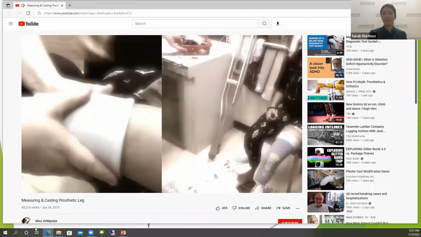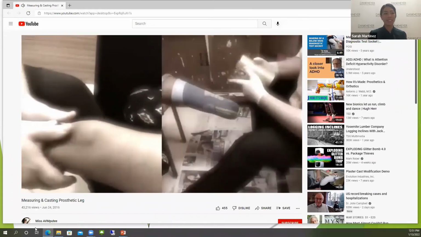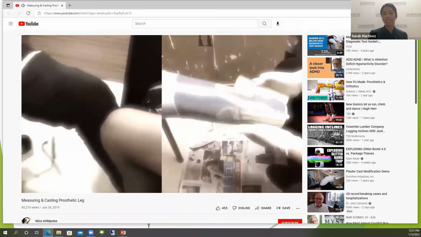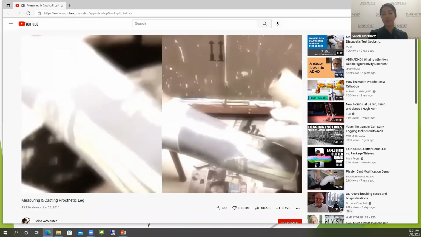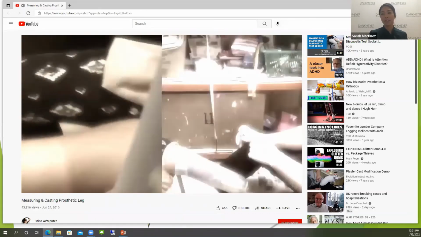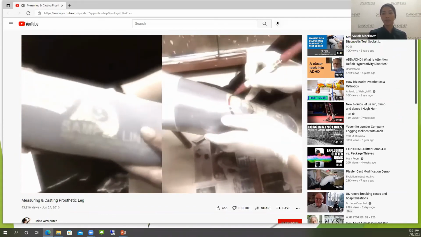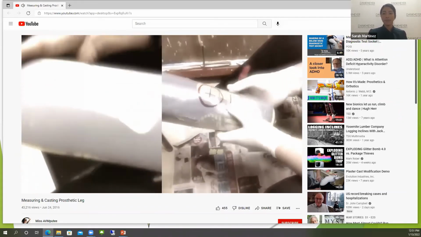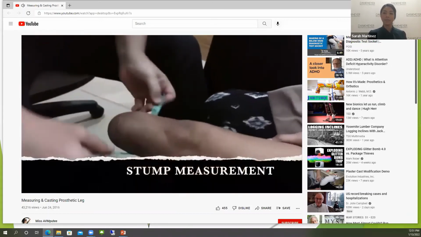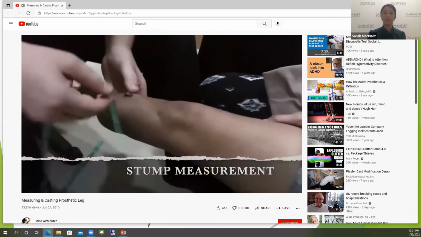Hello! This week I'm going to share with you my experience during stump measuring and casting. Although the cast is made for my first prosthesis, this ain't my first casting. My stump shrank by 5 cm, and that is the reason I have to come back for a second casting. The first procedure will always start with stump measurement.